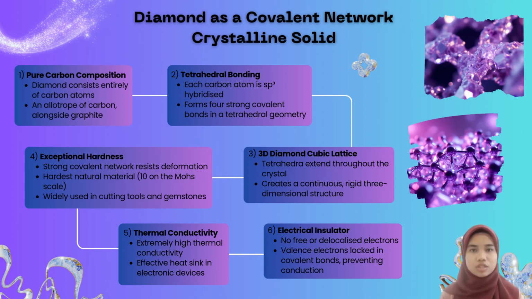This property accounts for its widespread use in cutting and drilling tools. And lastly, diamond has extremely high thermal conductivity, making it an effective heat sink in electronic applications. However, it functions as an electrical insulator, as all valence electrons are localized within covalent bonds, preventing electrical conduction.